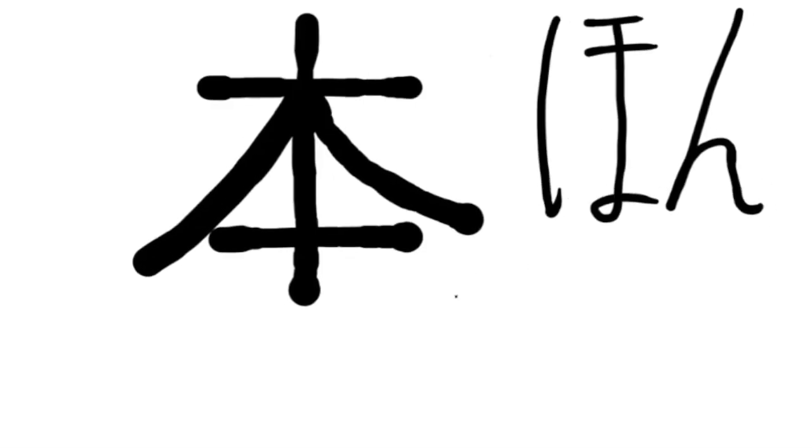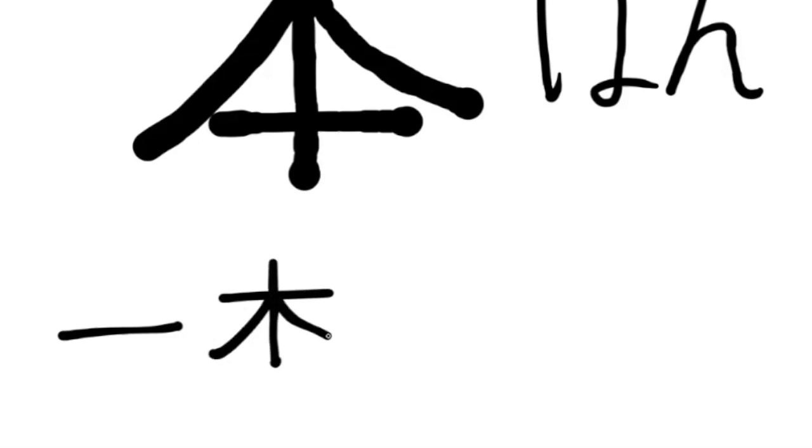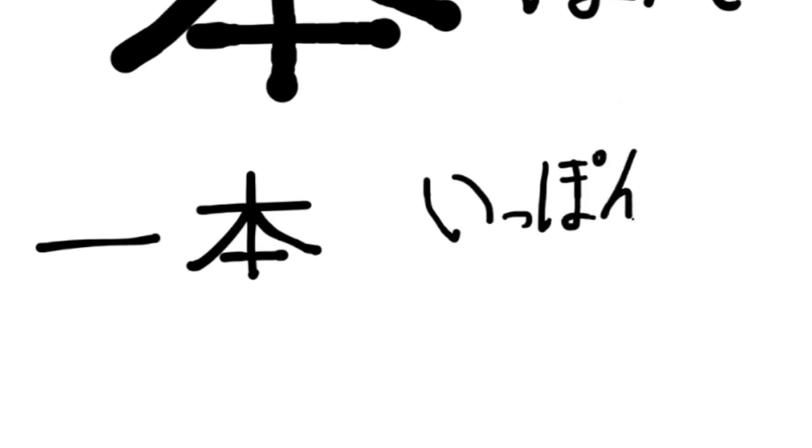It is used to count cylindrical objects like pen, pencils, umbrella, bottles, etc. This means ippon, one long and cylindrical object.